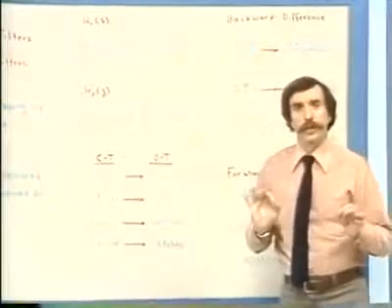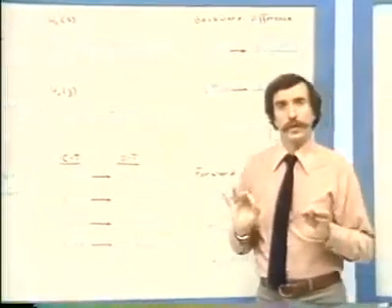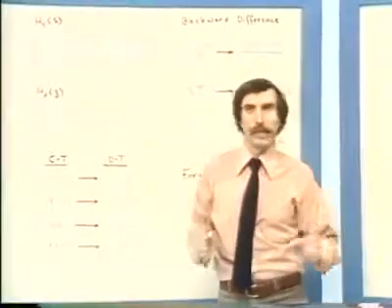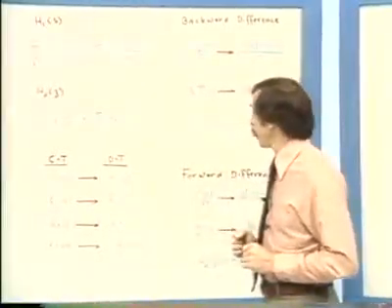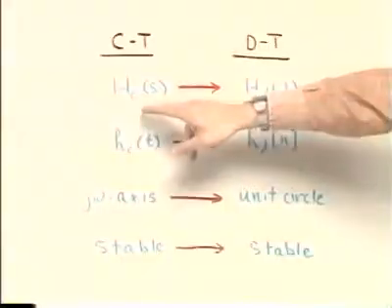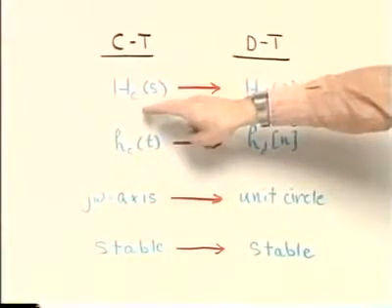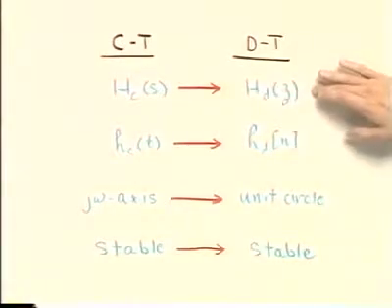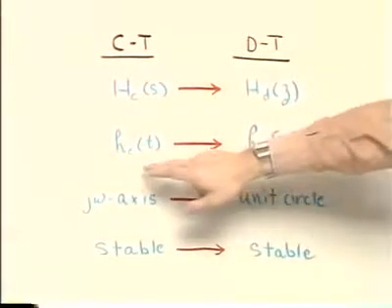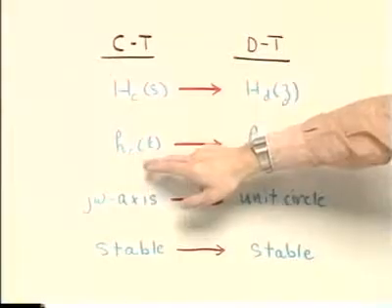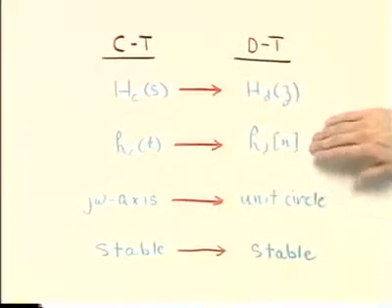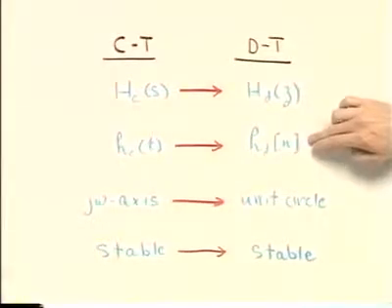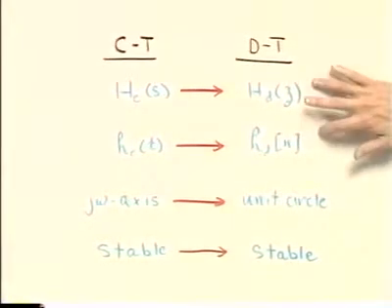Now, there are certain constraints that it's reasonable and important to impose on whatever kinds of mappings we use. Obviously, we want a mapping that will take our continuous time system function and map it to a discrete time system function. Correspondingly, in the time domain, there is a continuous time impulse response that maps to the associated discrete time impulse response. These are more or less natural.